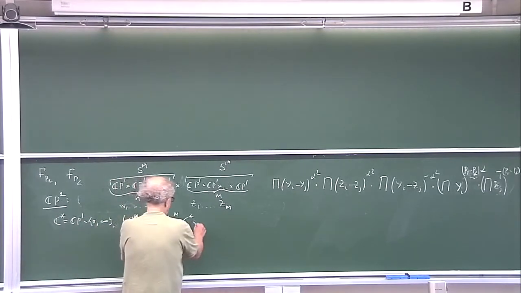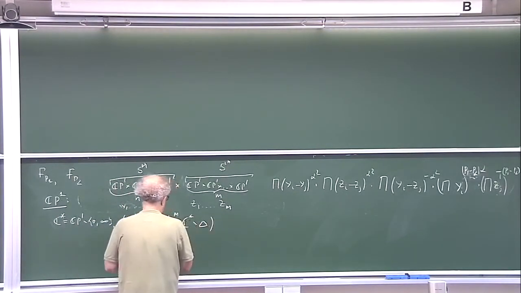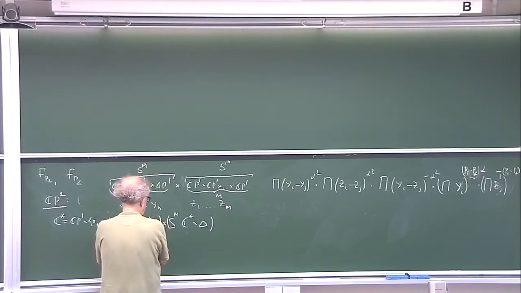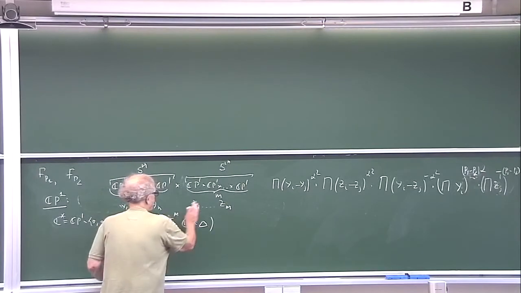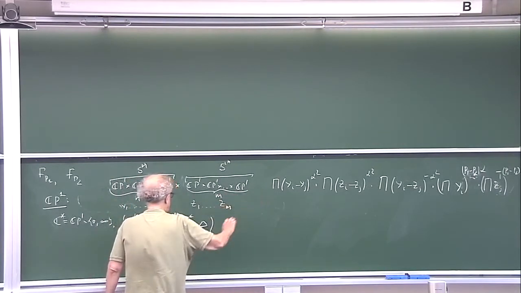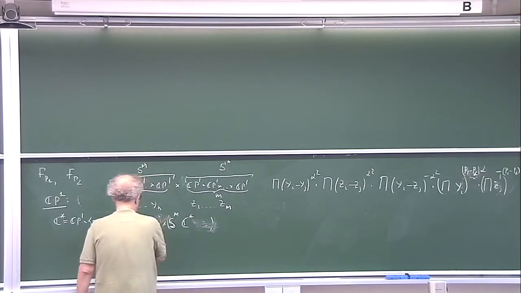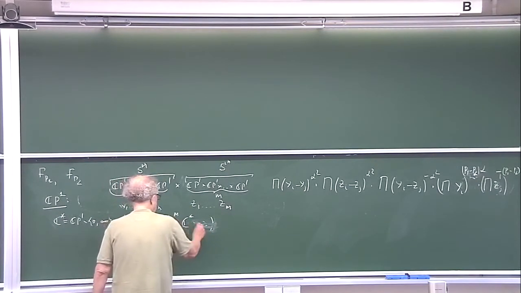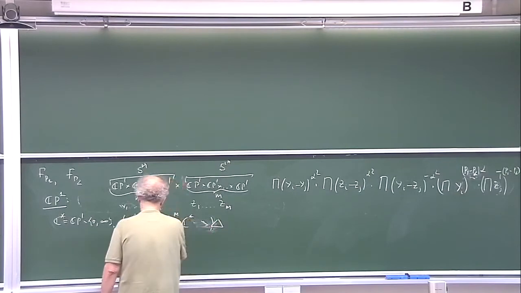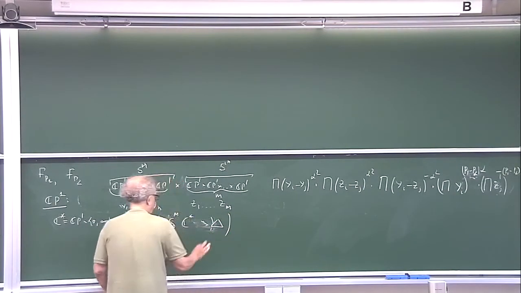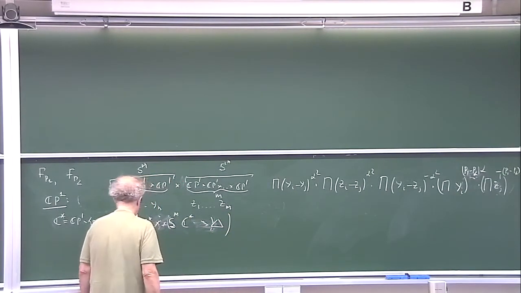And because we have y minus z, it is better to write it as such a product minus the divisor. So we want all points to be distinct.